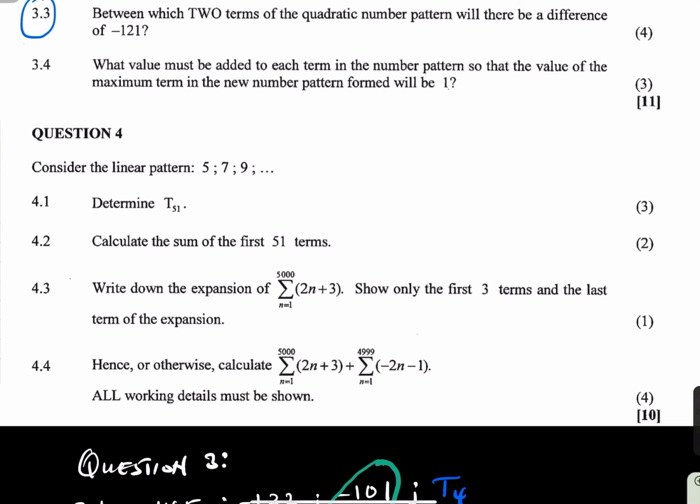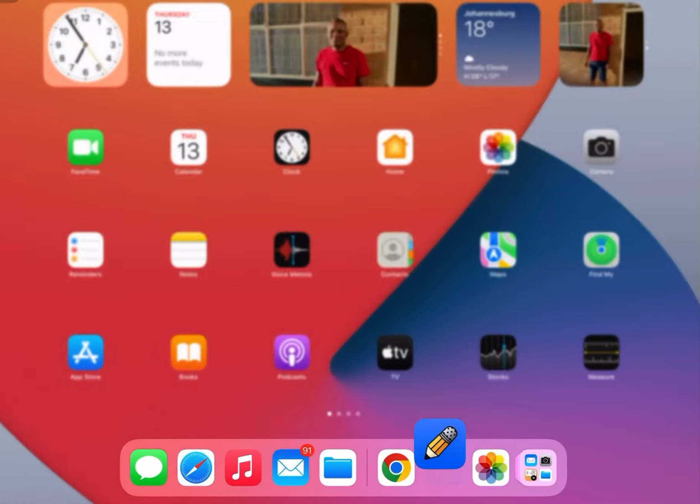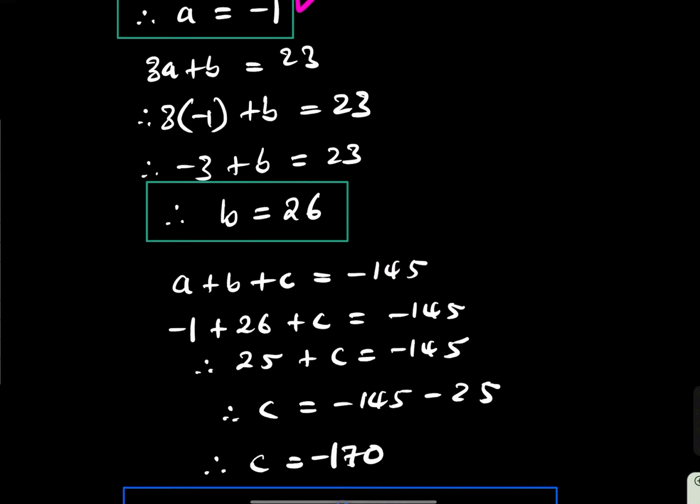They are now saying write down the expression of that situation, the sigma notation from n equals 1 up until 5,000 of 2n plus 3. You must write out that expression and then show only the first 3 terms and the last term. It's also 1 mark.